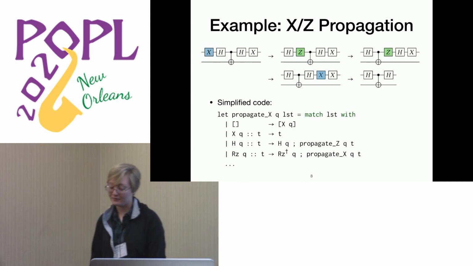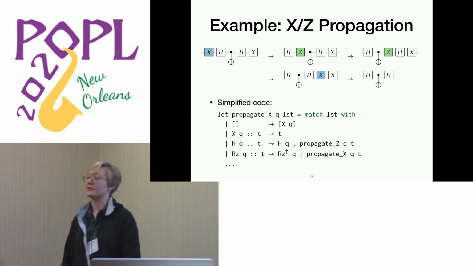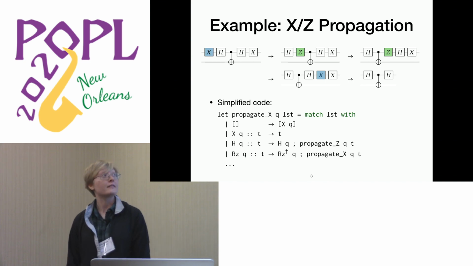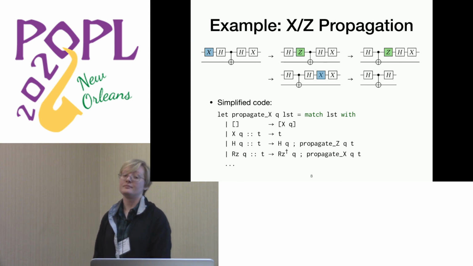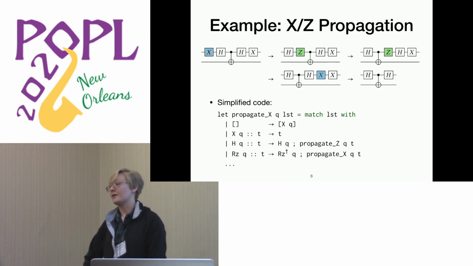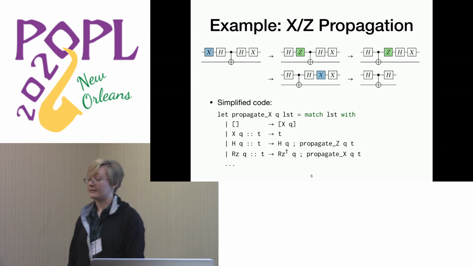And I'm going to be talking mostly about unitary optimization since that's where we put most of our effort so far. So as an example of one of our unitary optimizations, this is XZ propagation. The goal of XZ propagation is to take X and Z gates in the circuit and propagate them as far right as possible with the goal of canceling them out. So I start with the circuit in the upper left, which starts with an X gate.